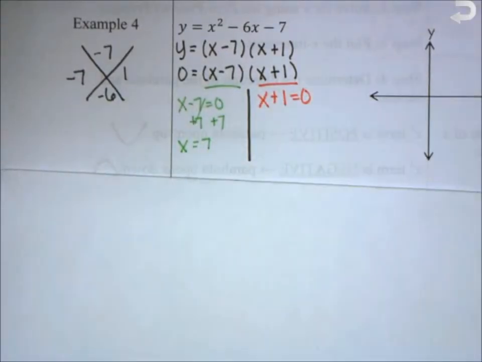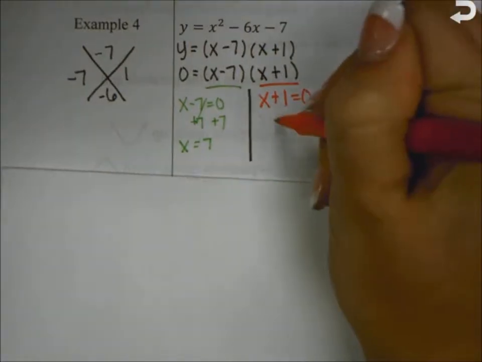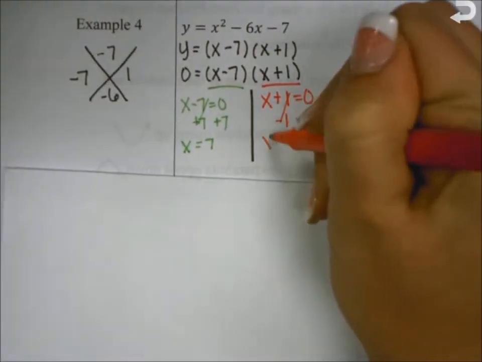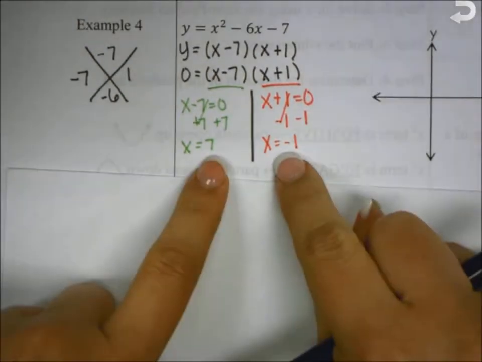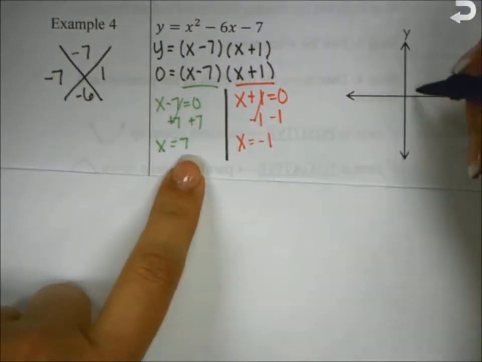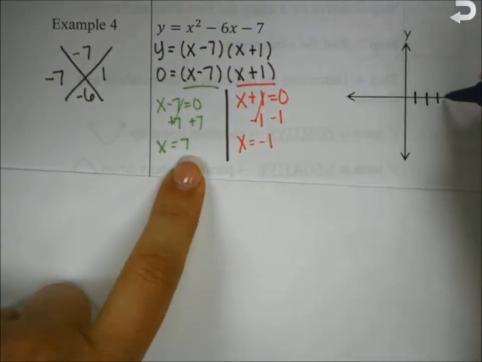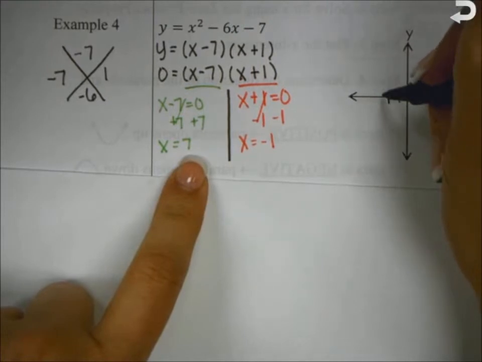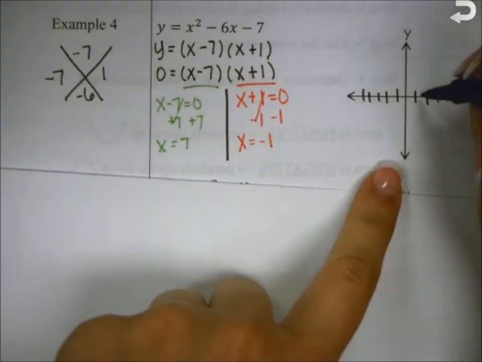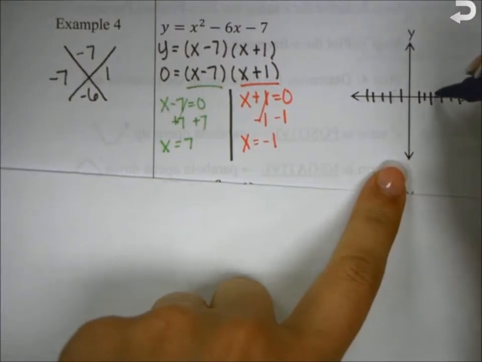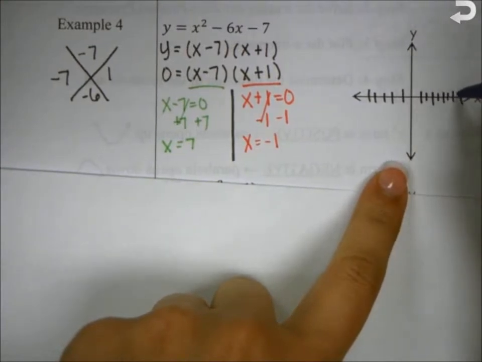Remember, these are called x-intercepts. So they intercept the x-axis. And I didn't make enough. 1, 2, 3, 4, 5, 6, 7, 8. Okay. So the first x-intercept is at +7.